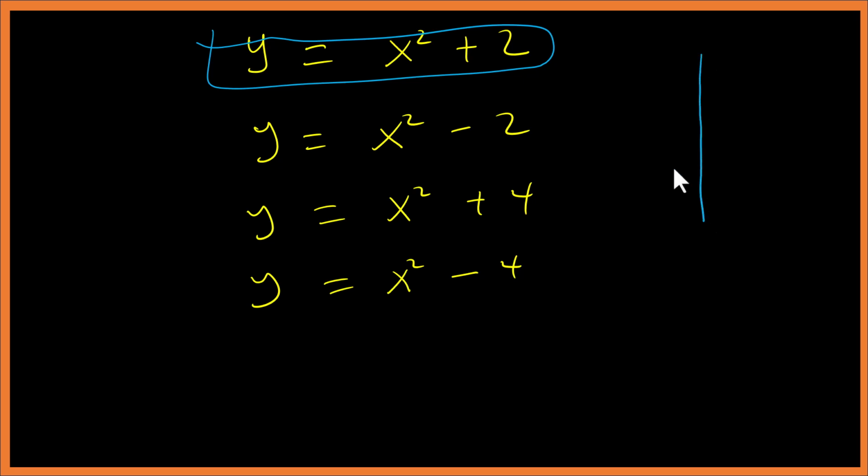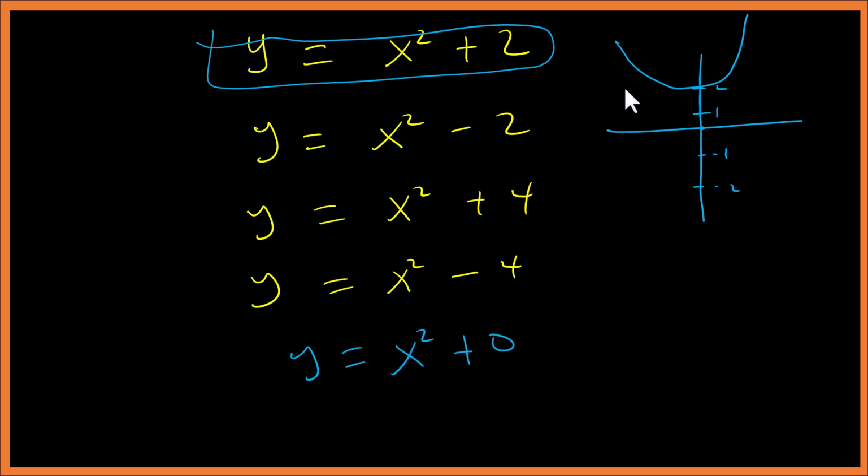So y equals x squared plus 2 will pass through 2 here. Because y equals x squared, we assume that is plus 0, that will pass through the origin here.